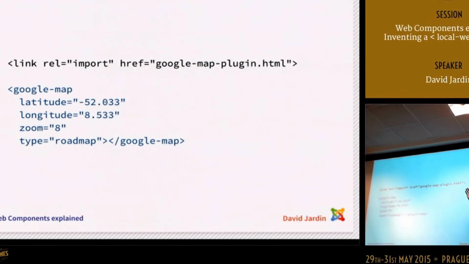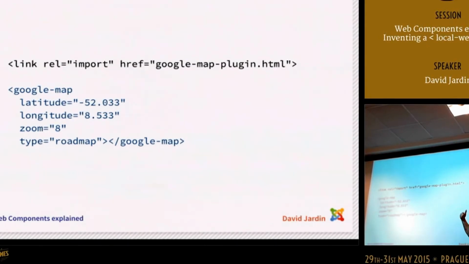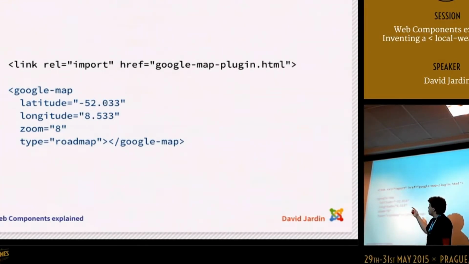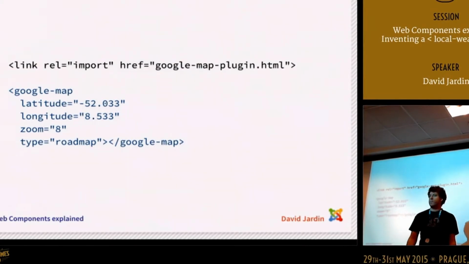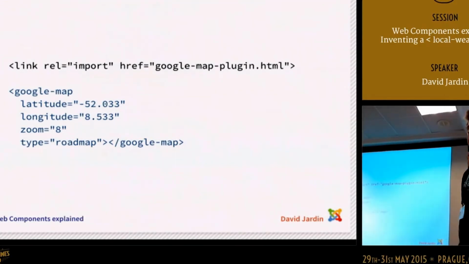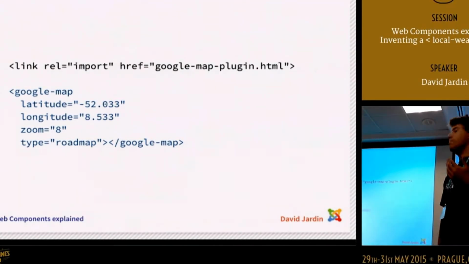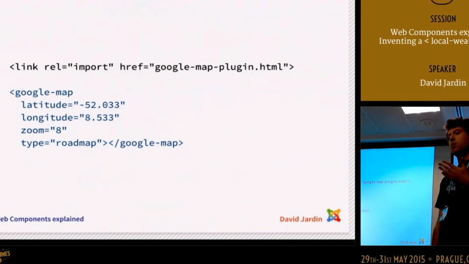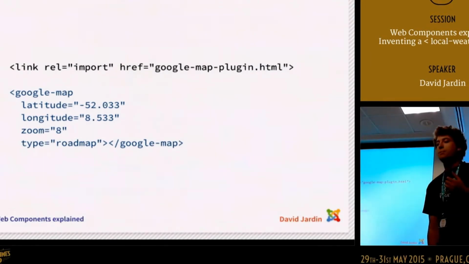It's like loading this Google map plugin, and to actually display the map and pass all the attributes and parameters, you just use a simple HTML tag with attributes. That's making life a lot easier because you don't need any new knowledge. People know how to use HTML. Add some attributes and you're done.